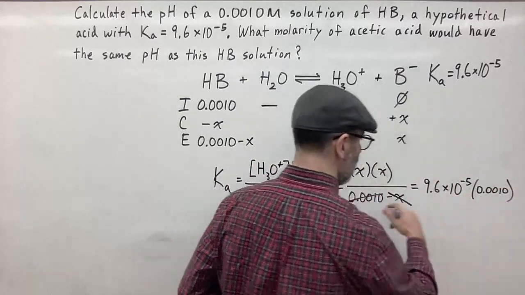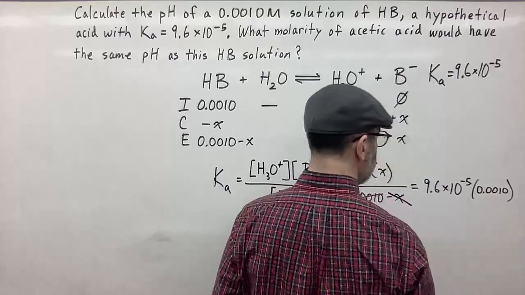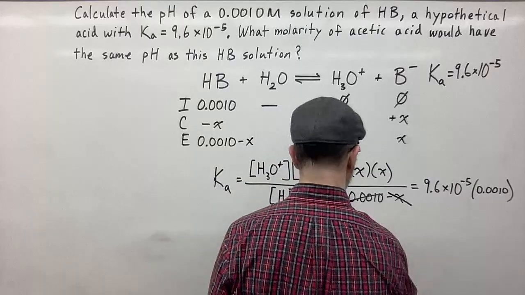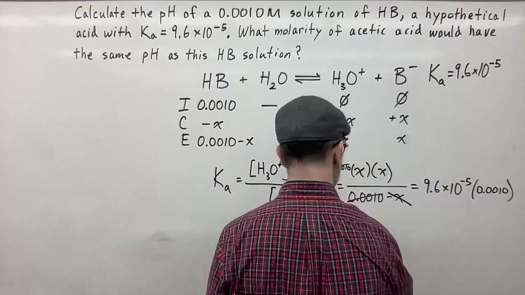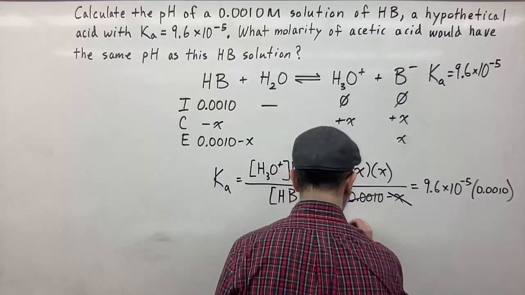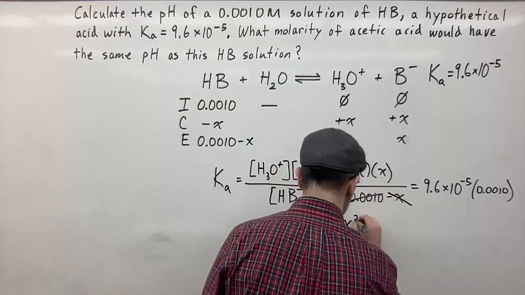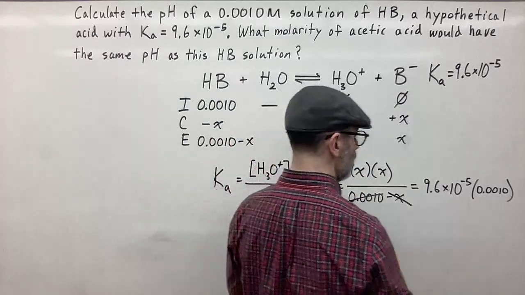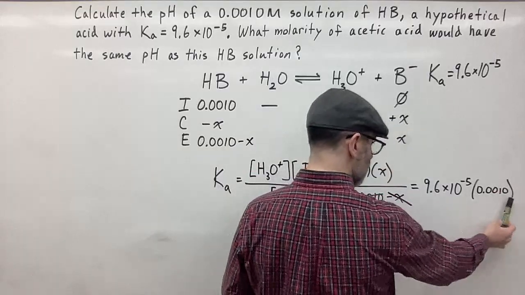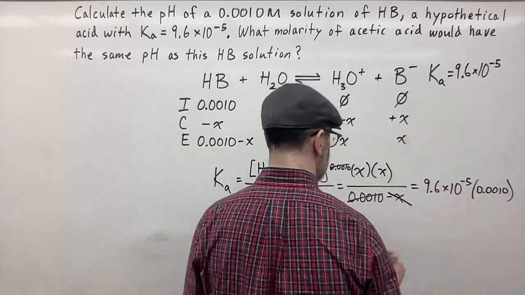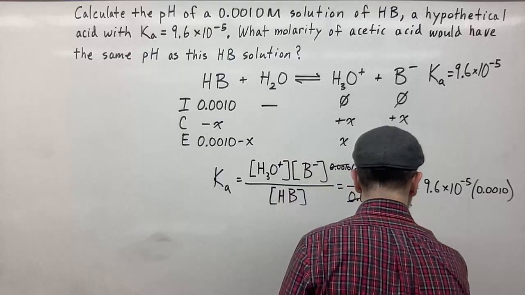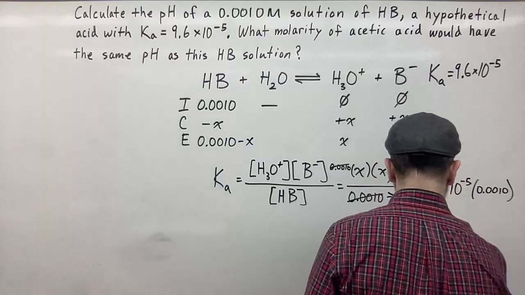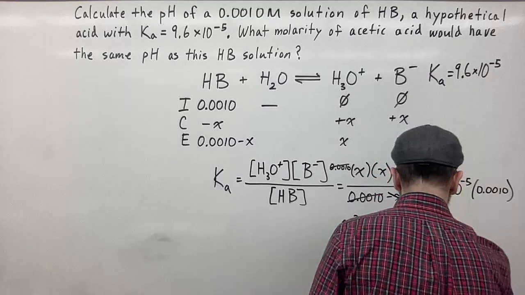When we multiply this together, we get X squared, which is X times X, equal to 1 times 10 to the negative 3 multiplied by this, so we end up with 9.6 times 10 to the negative 8.